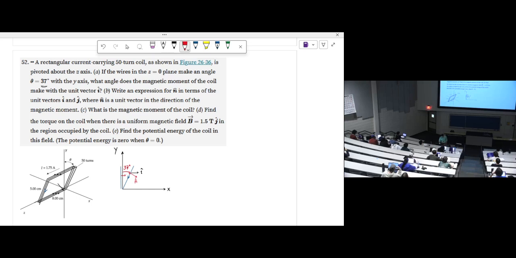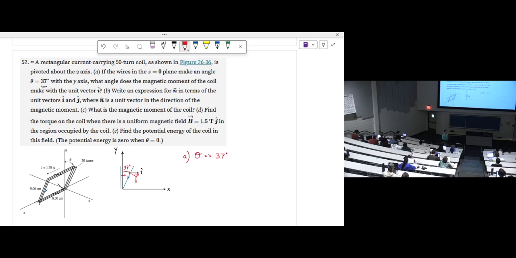And so whatever angle that we orient away from the y-axis, I get the same angle theta right there as my orientation away from i hat. So in this case, to answer part A, if the wire is at angle 37 degrees, what angle does the magnetic moment make with the unit vector i hat? It's still going to be theta, which is 37 degrees here.